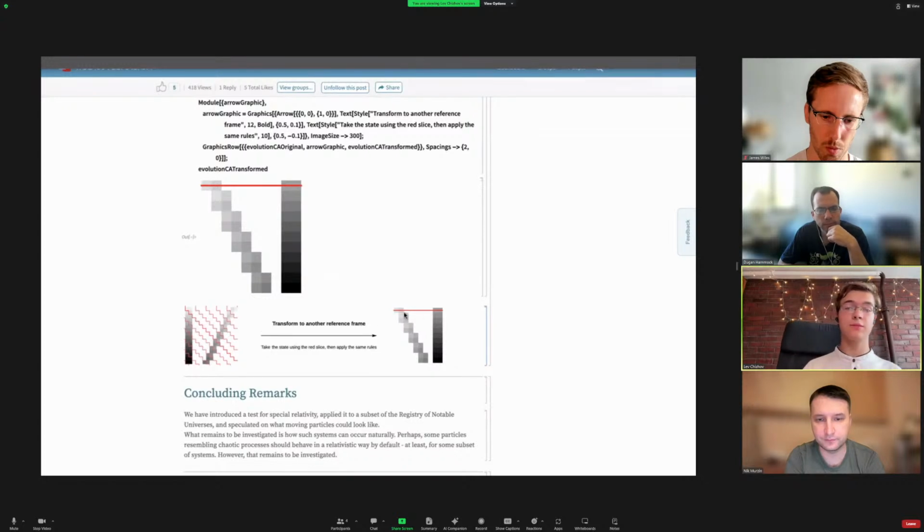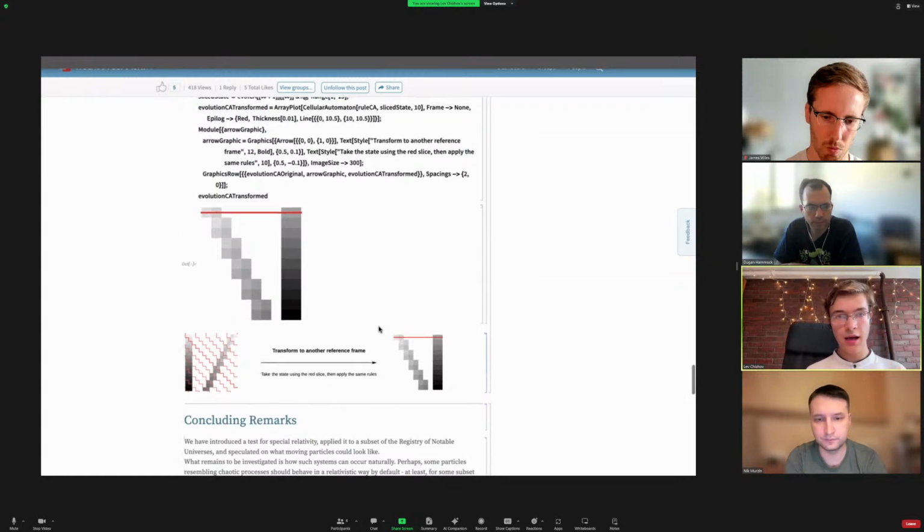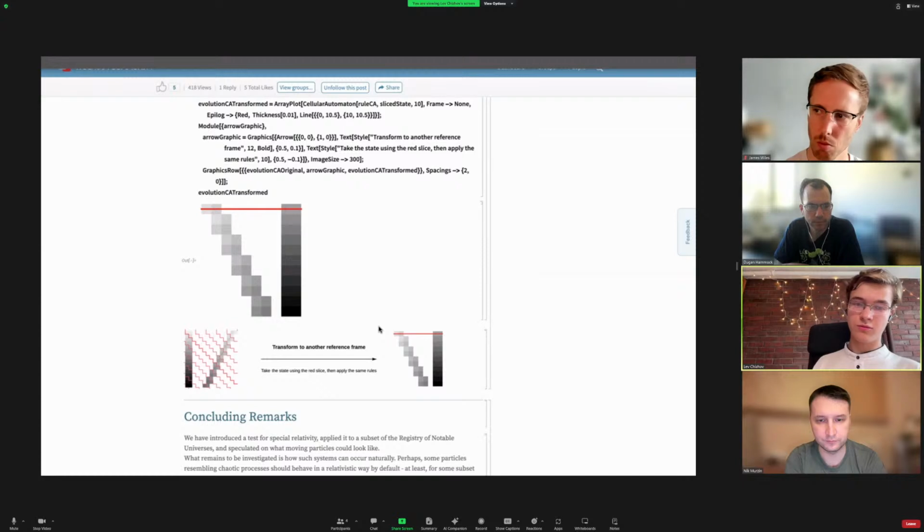So you get some state, you apply the same rules to it, and you get this beautiful evolution. But it is not given that this will happen in any Wolfram model.